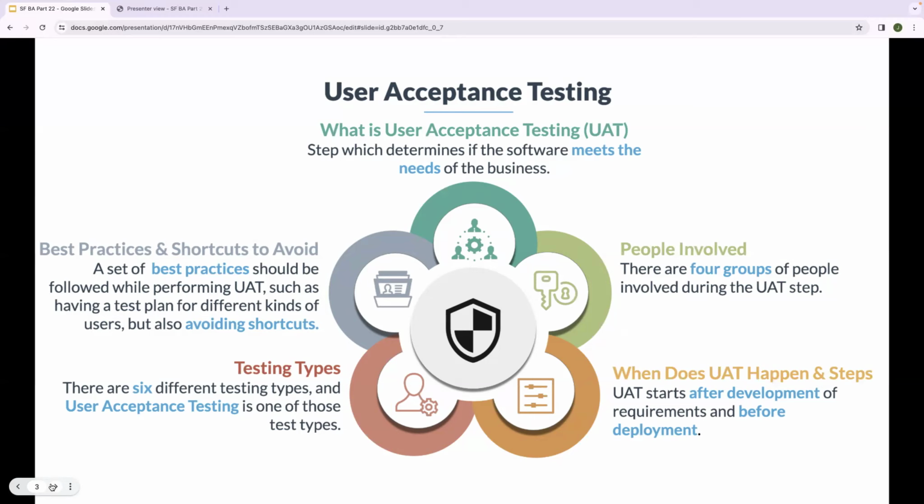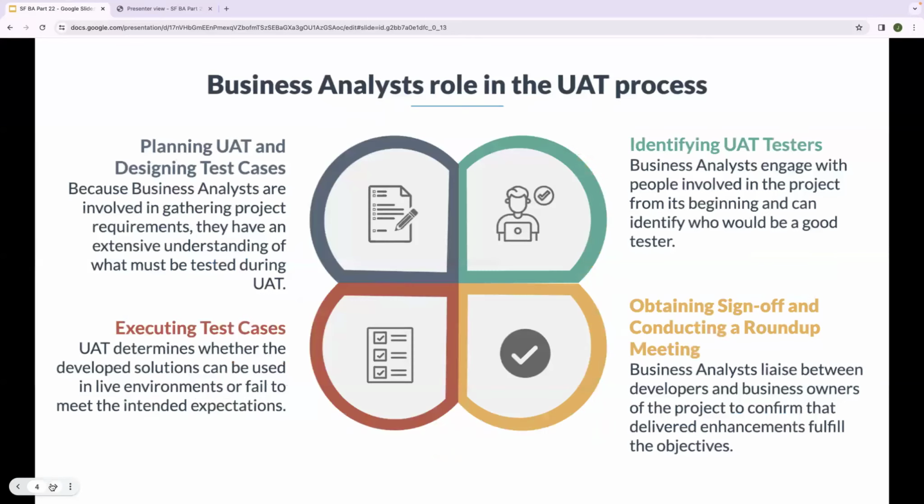Testing types: there are 6 different testing types, and user acceptance testing is one of those test types. People involved: there are 4 groups of people involved during the UAT steps. When does UAT happen, and steps: UAT starts after development of the requirement and before deployment.